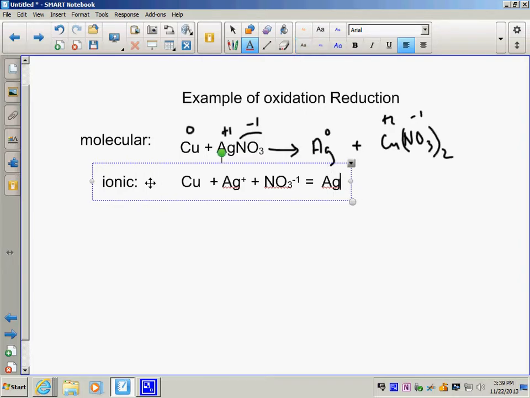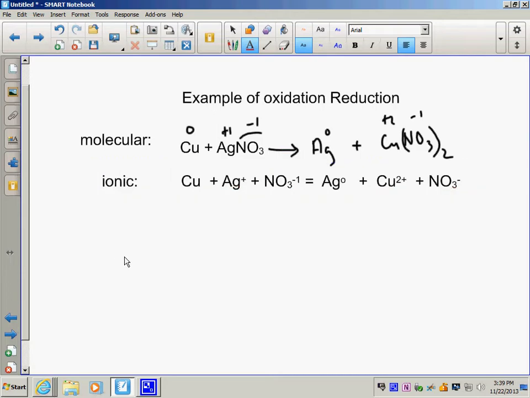You can put a little 0 there if you want, not required. And then the copper will be a 2+ ion, and the nitrate will be all by itself. There we go.